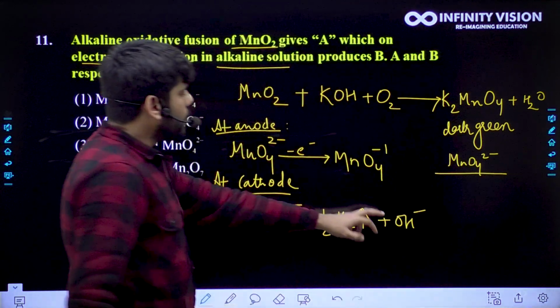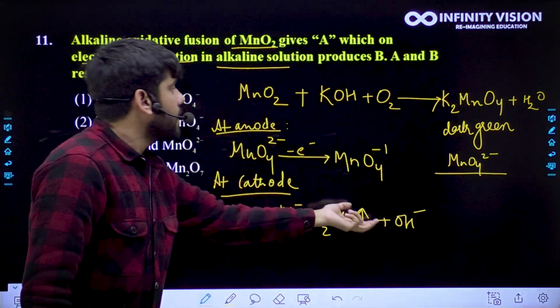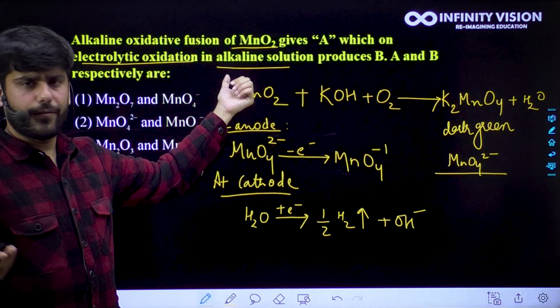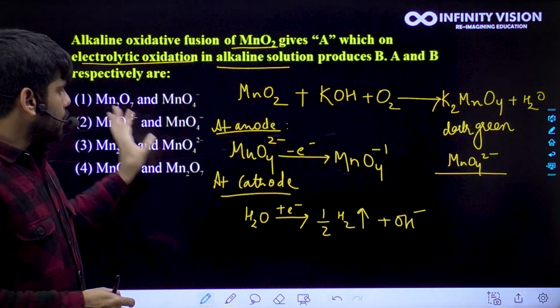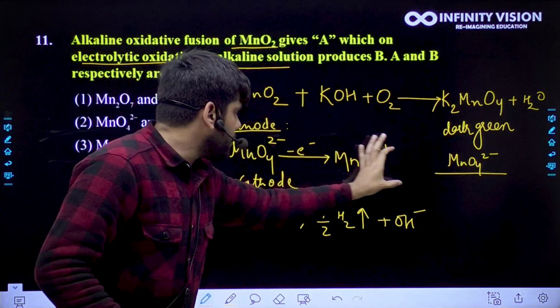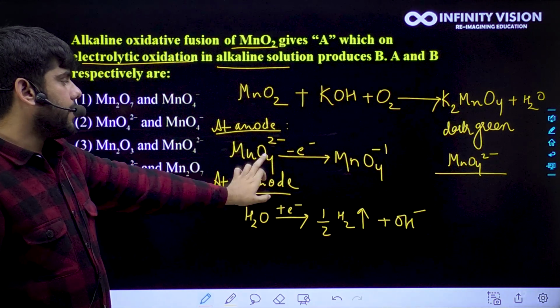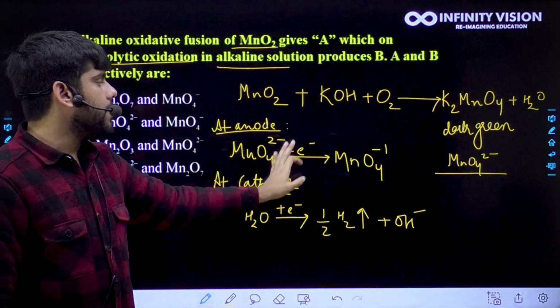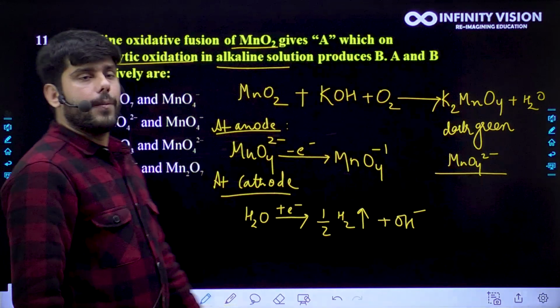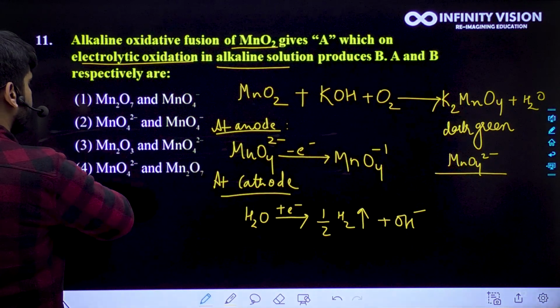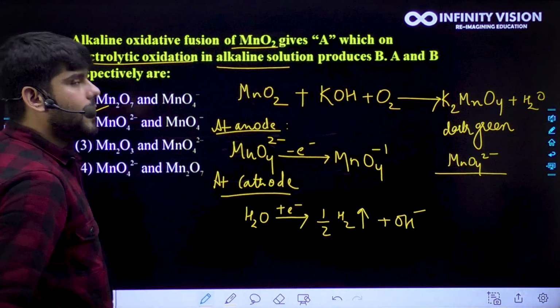This OH- will combine with K+ to give rise to KOH. So basically we are concerned that MnO4 2- loses an electron on electrolytic oxidation and gets converted to the permanganate ion. So going by this, the second option is the right answer.